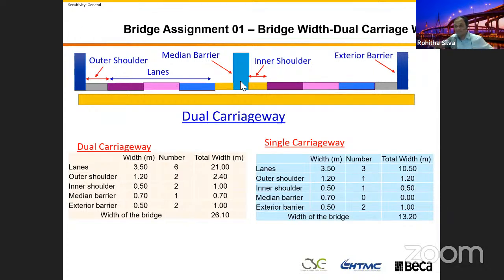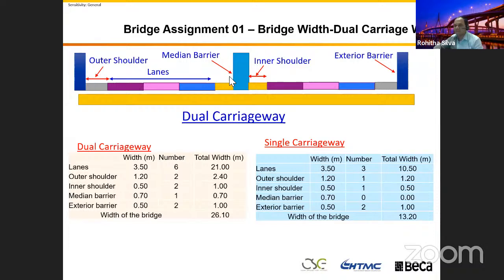The reason is there is another carriageway here. Any structure here is not going to topple or fall down, because there is another carriageway on the other side at the same level. The only thing is they are separated. So because of that, we have only 1 outer shoulder, and we've got 1 inner shoulder here. We don't have a median barrier, which is why I put 0 here.